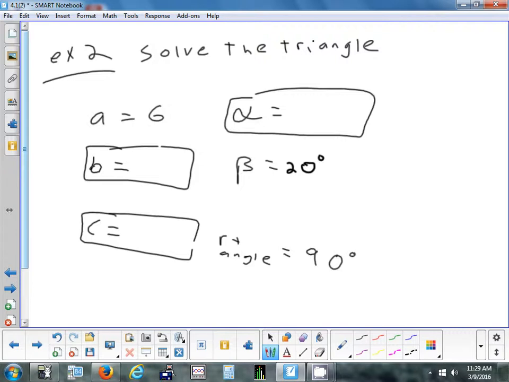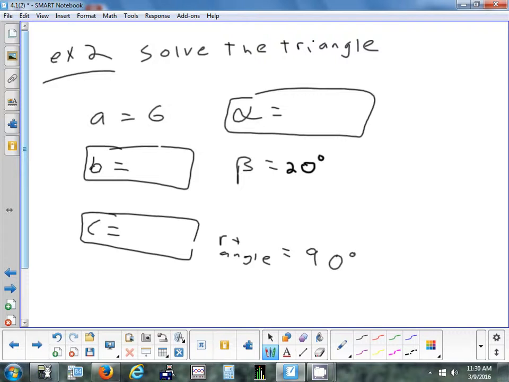We didn't really have to use any trig to do it. Focus on this right-hand column. What can we find there? Well, what's the only thing we don't know in the right-hand column? What's the name of that?